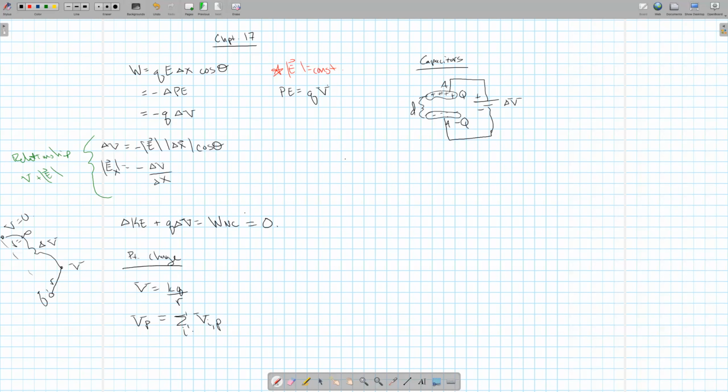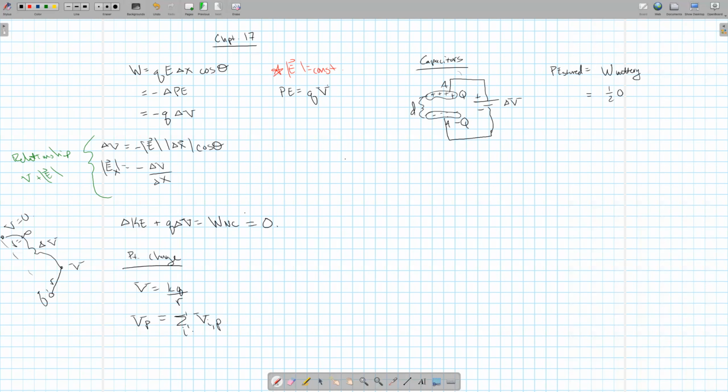Every time I put a charge onto the plates, I have to overcome the Coulomb repulsion between the charge I'm trying to put onto the plate and the charge that already exists on the plates, which means the battery has to do work. So the potential energy which is stored is equal to the work done by the battery, which is equal to one of 3 things.